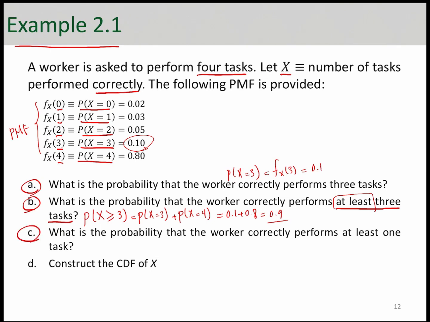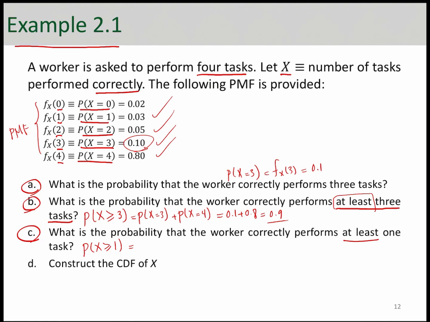Part C, what is the probability that the worker correctly performs, again, at least 1 task? At least 1 task is X greater than or equal to 1. And that is 0.03, 0.05, 0.1, 0.8 added together.